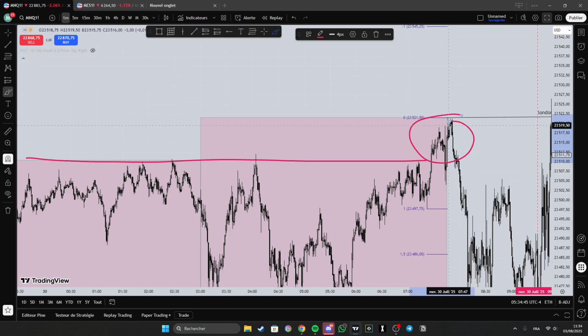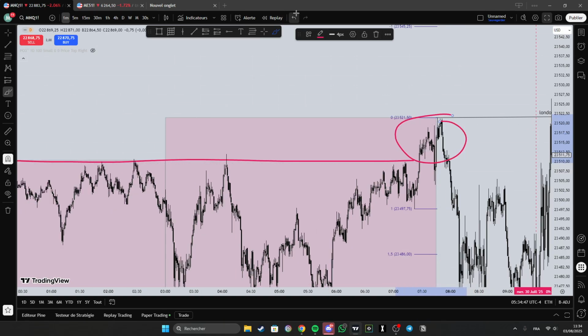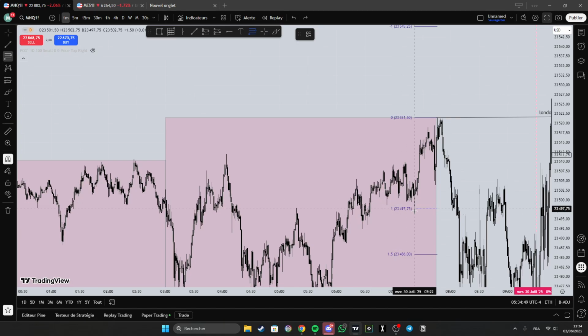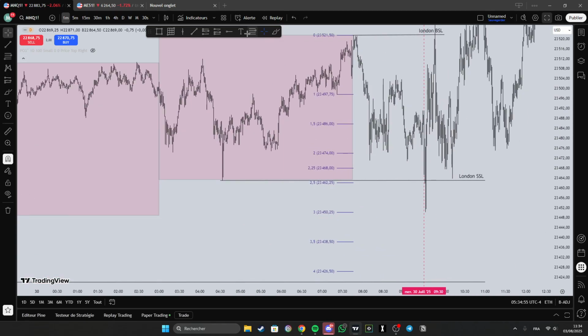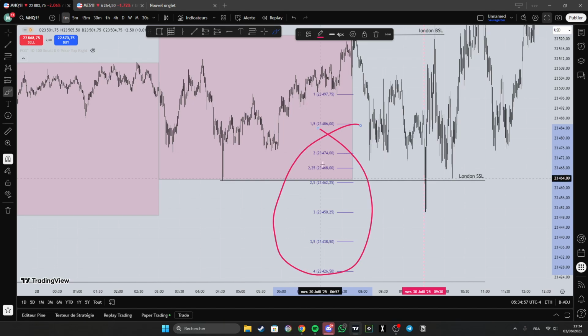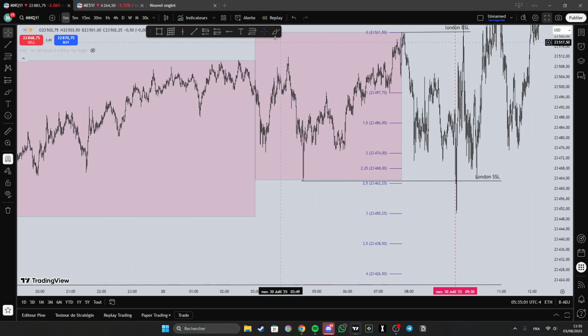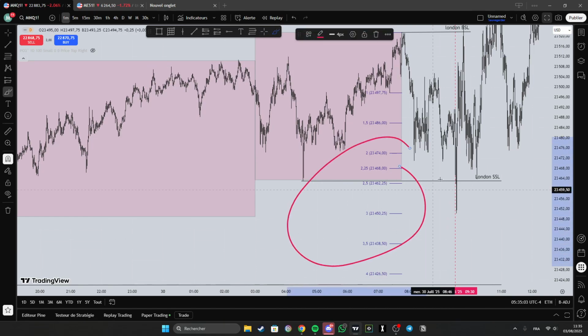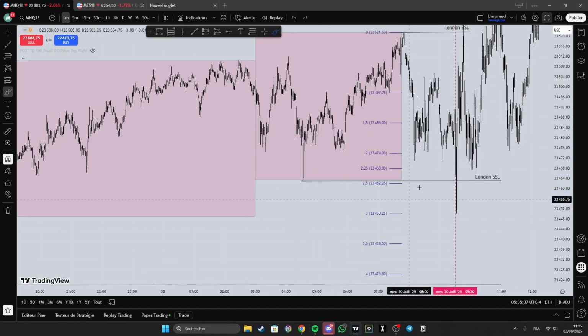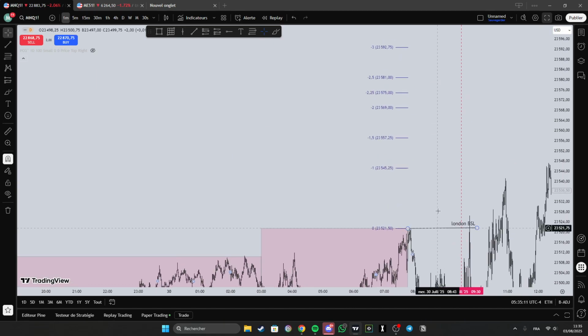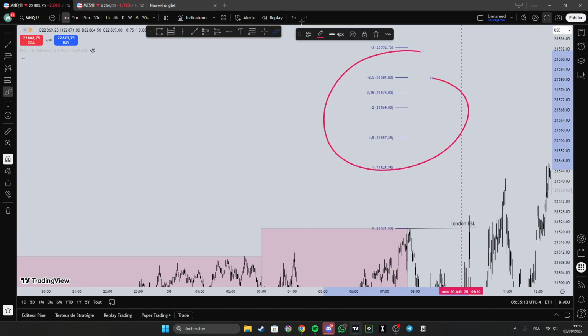We manipulate above here. So you take the low of the manipulation to the high, like this, okay, and then you have multiple levels which are here. Because we are bullish, we want to see these levels get taken out to then continue to the upside, okay. That's why I'm only interested in this level on the downside and not this, okay.